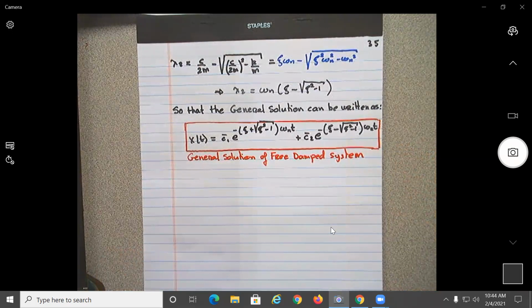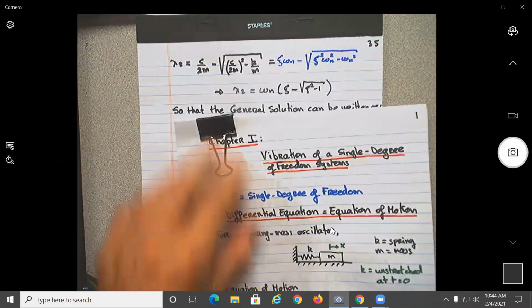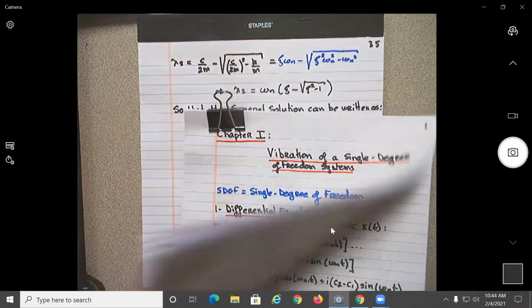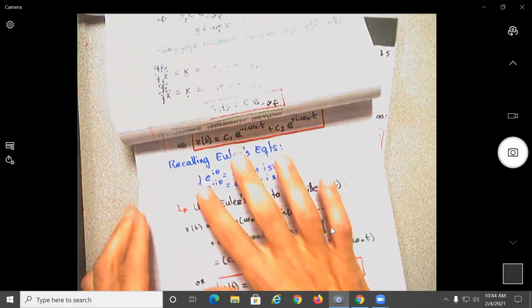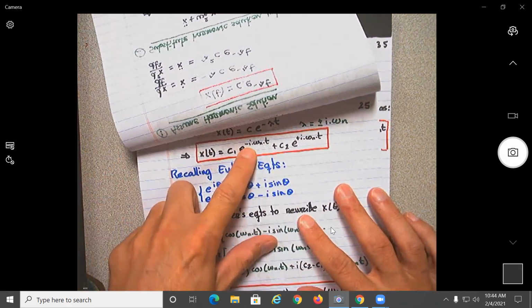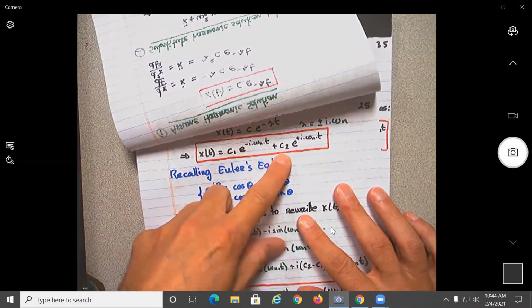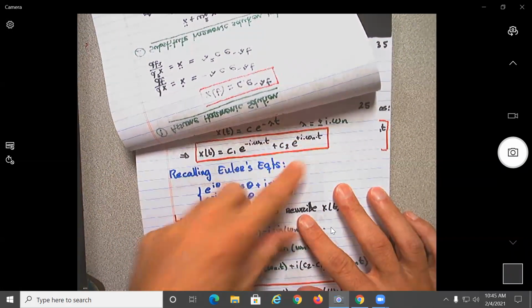Okay, so let's see over here. If the system is undamped, what was the solution that we derived last time? It was this one over here: C1 exponential of minus i omega n t plus C2 exponential of positive i omega n t.